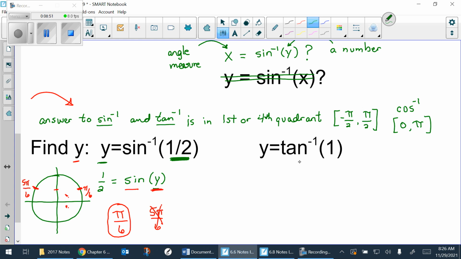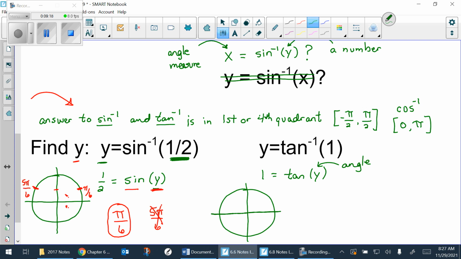This next one, y equals tan inverse of 1, we rewrite this as 1 is equal to the tan of y. So what's the angle measure? At what angle measure is the tangent 1? So I again think of my unit circle. Where is the tangent 1?